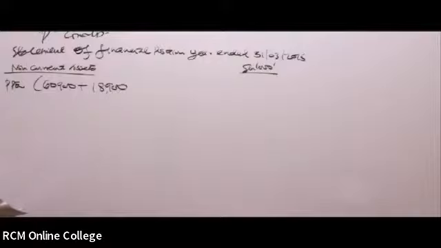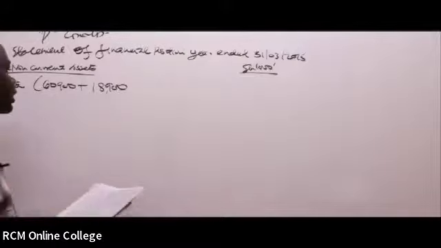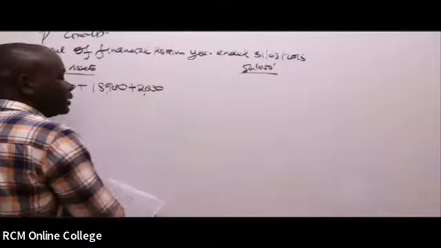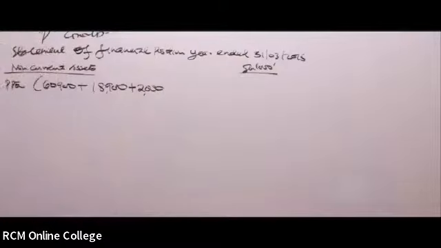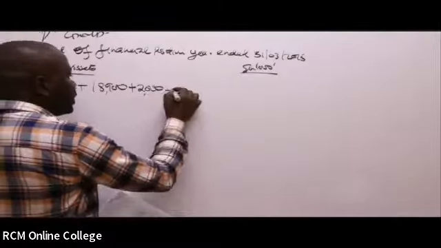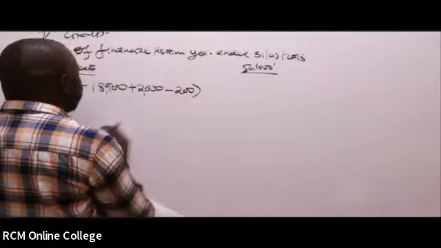We'll add 2 million, the revaluation. You still remember it. But now in this case, you also less how much? We less 200. The depreciation on this revaluation, they depreciated it. So we less 200.